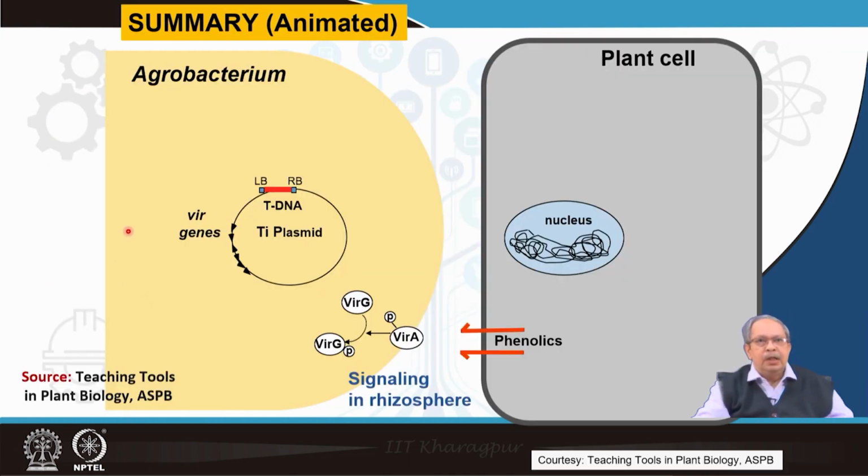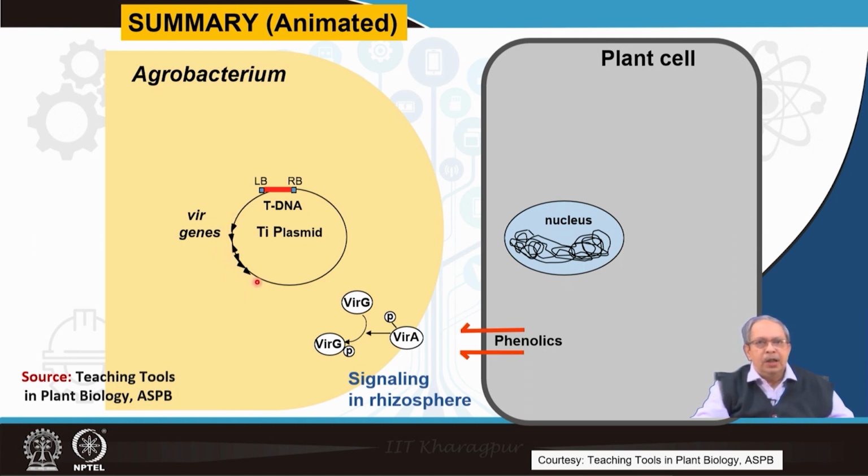So, let us see this in the form of a summary. This is the tDNA which contains the left border and right border. As I said, the plant wounding releases phenolic compounds that activate VirA, which in turn activates VirG through phosphorylation, which in turn activates the other virulence genes.